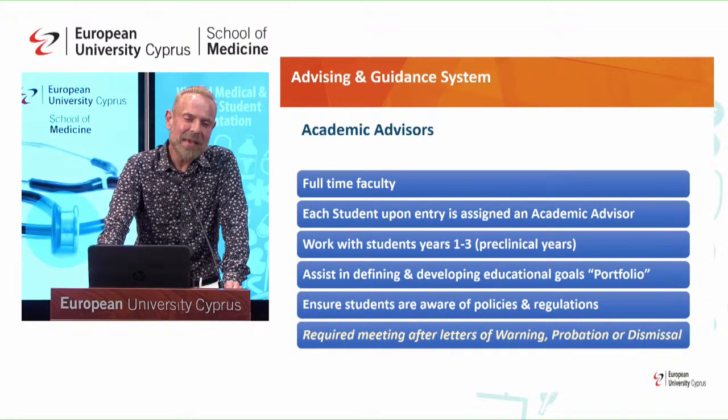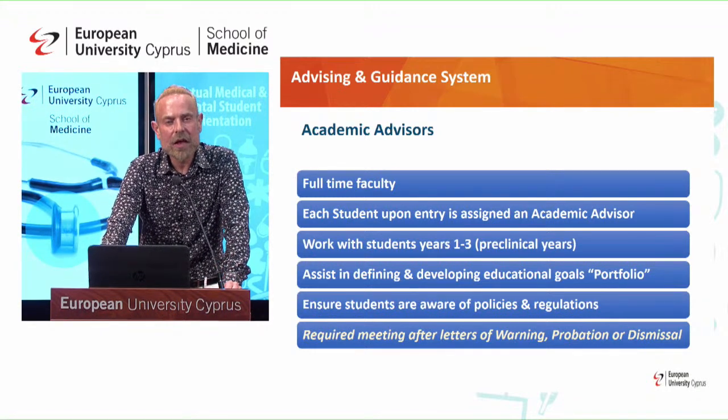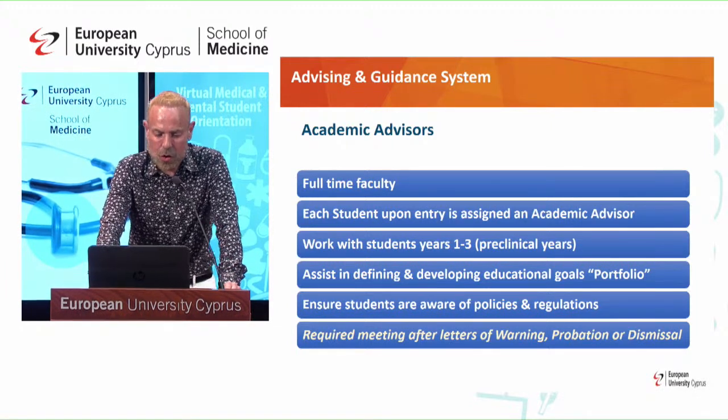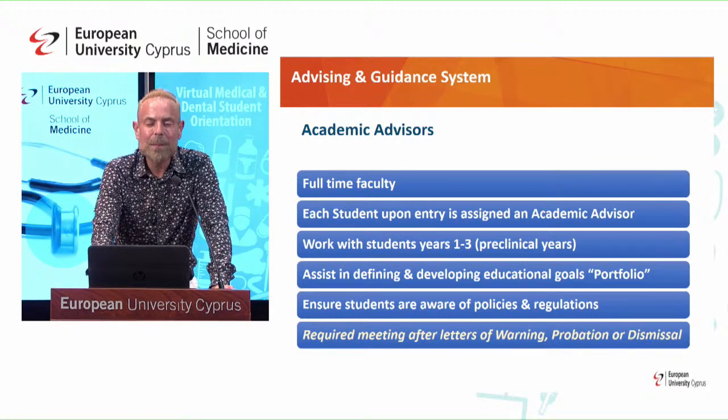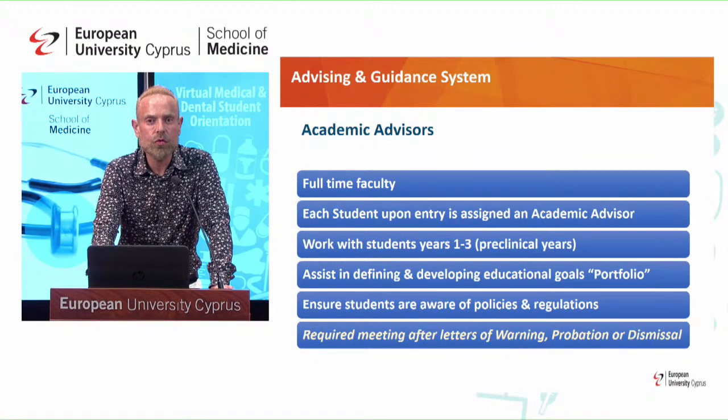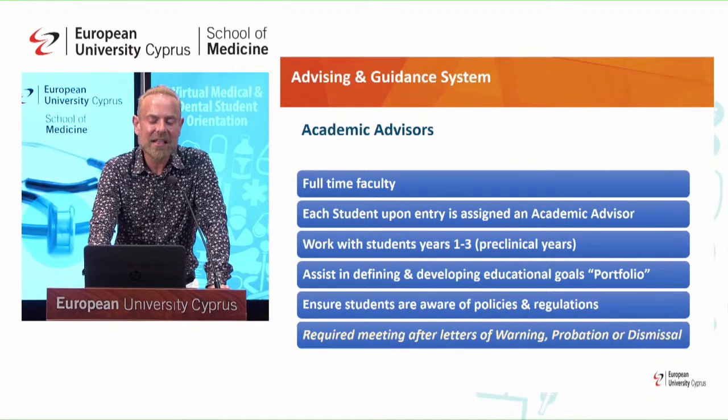The role of the academic advisors is not decorative. So we are not there for decoration. We are there to develop your own personal educational goals. And we are there to assist you in developing and achieving those goals. We also make sure that you are aware of the policies and procedures of your academic life.